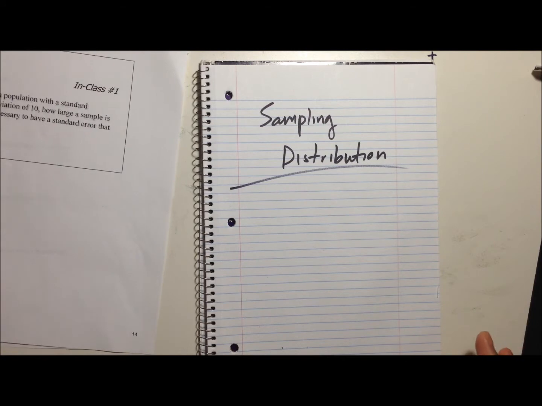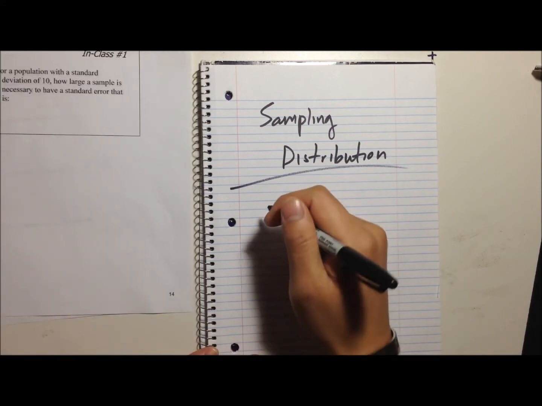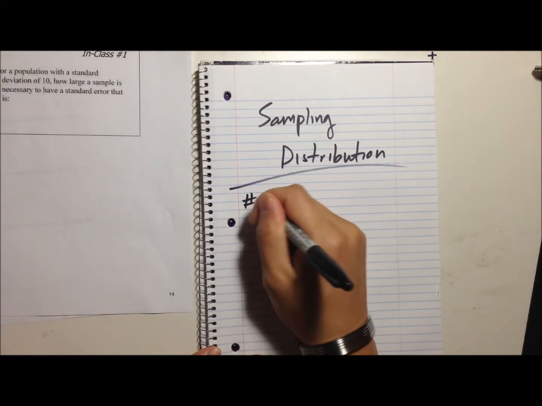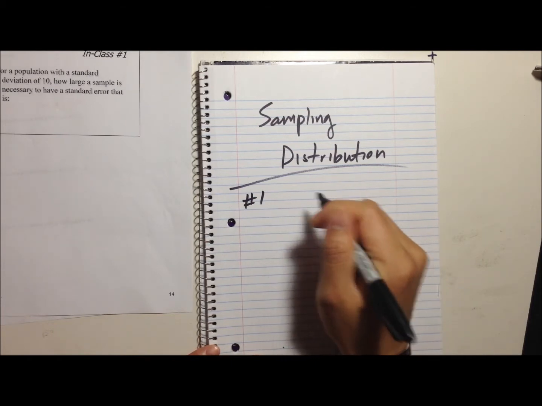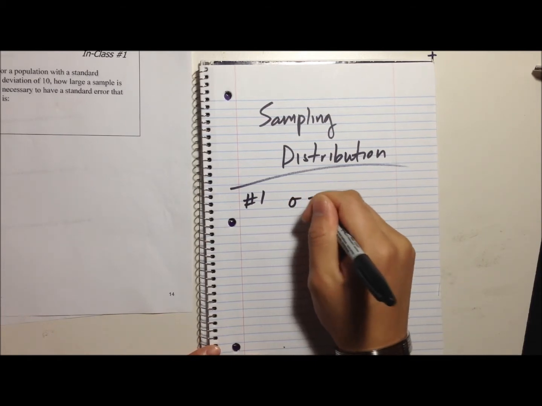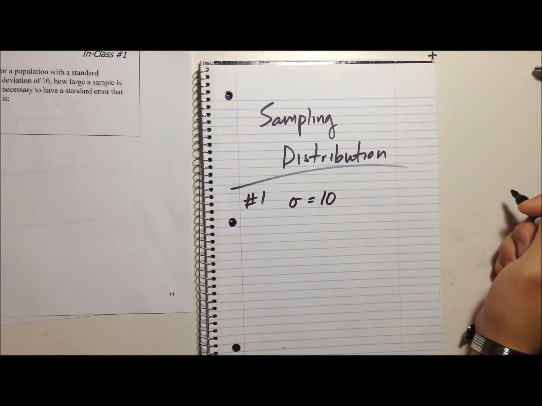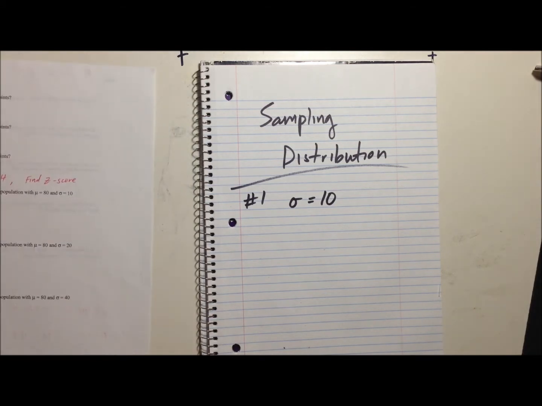It says, for the population with a standard deviation of 10, so this is example number 1, how large is the sample necessary to have a standard error that is, and then we'll go into different numbers.